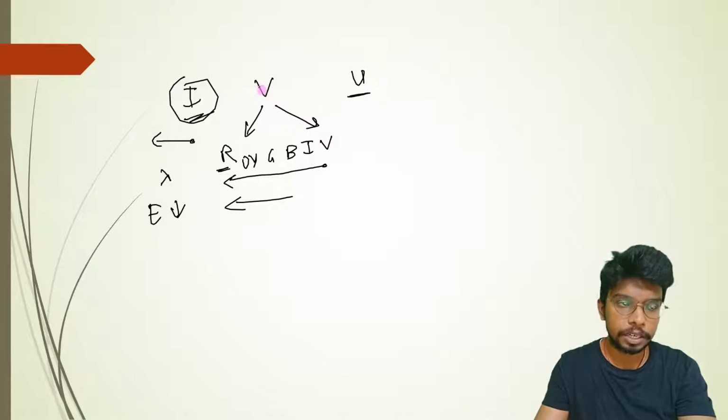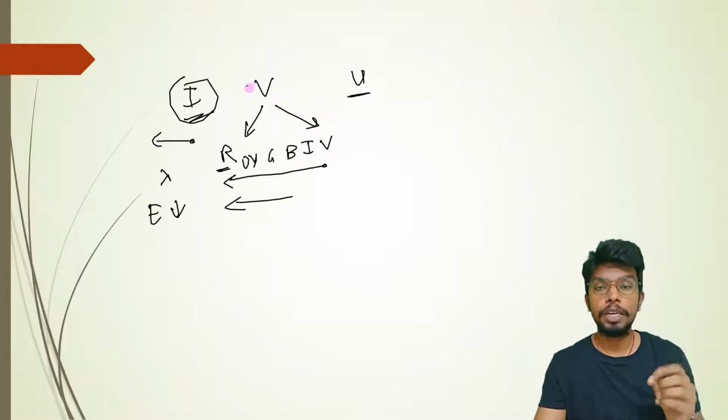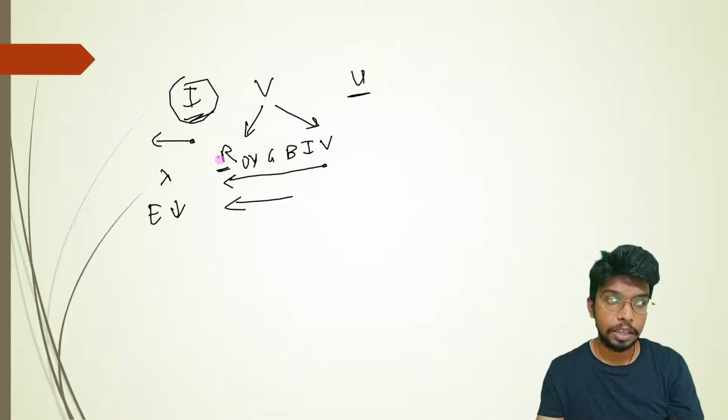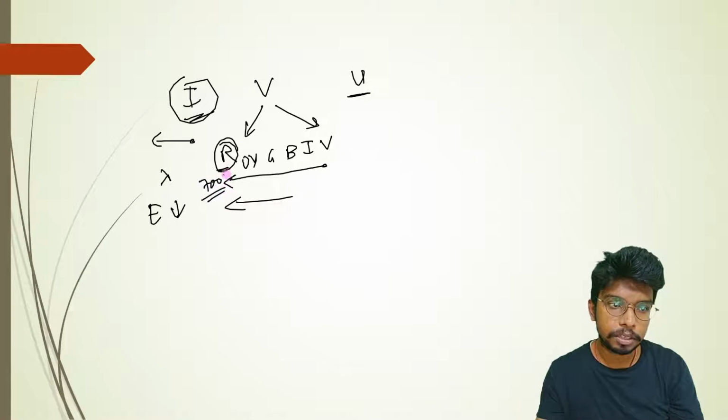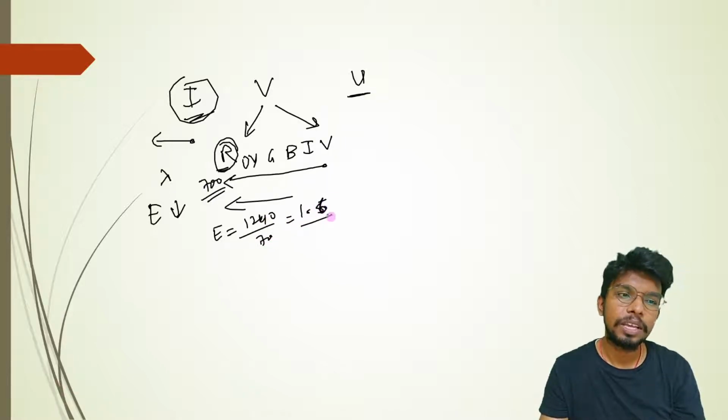One thing, it does not depend on the intensity of the light which is falling, it depends on the frequency of the light. Now the red has a wavelength of 700 nanometer. That means the energy of a photon of red is approximately 1240 by 700. That will come out to be around 1.6 eV.